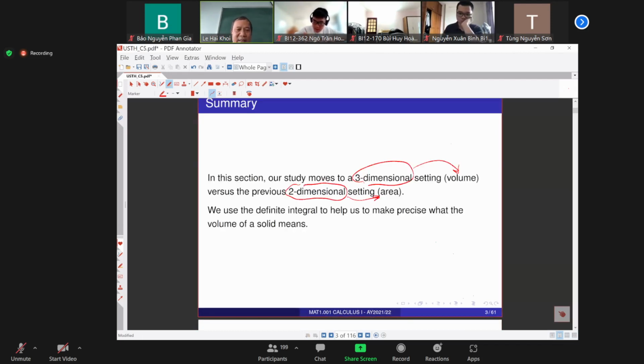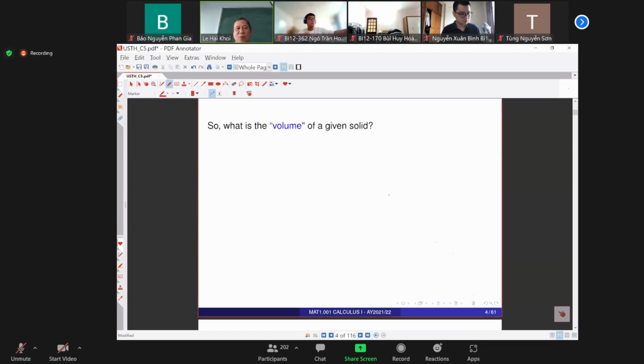We try to use the definite integral to cut the volume into many pieces and make precise what we mean by the solid. Before that, we need to recall what the volume is and how to compute it.